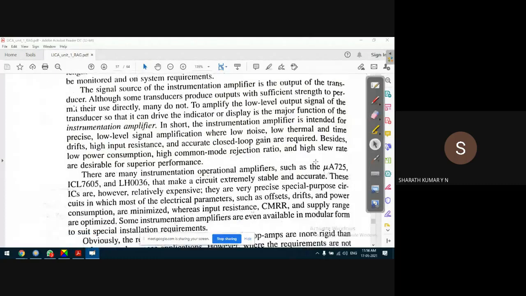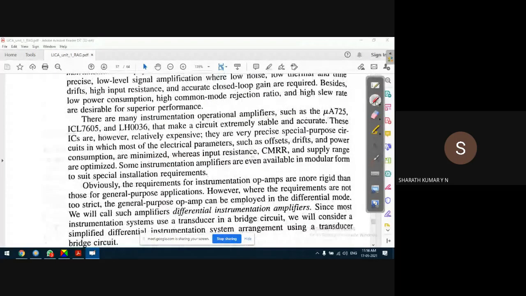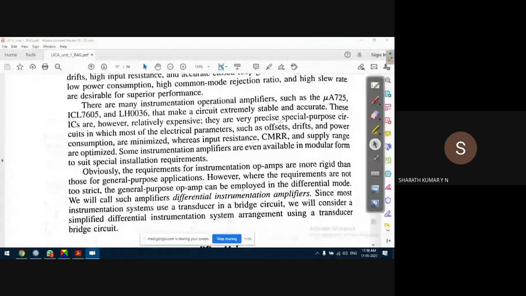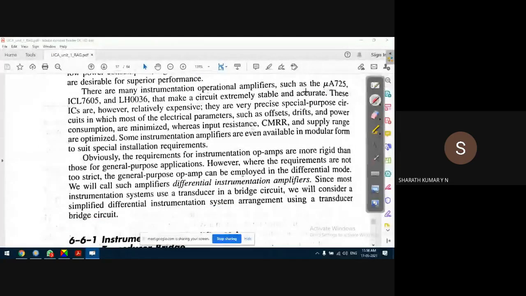Besides low power consumption, high common mode rejection ratio and high slew rate are desirable. Anyway, these parameters are necessary. There are many instrumentation amplifiers such as MUA725, ICL7605, LH.